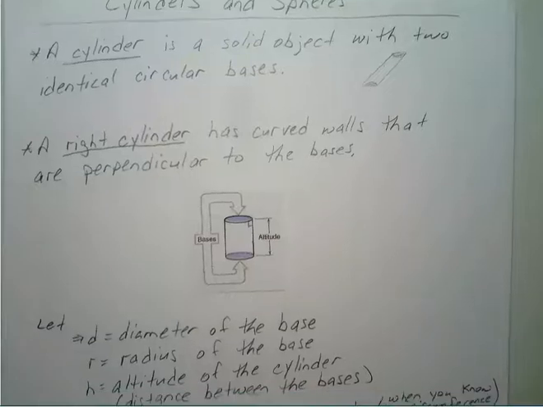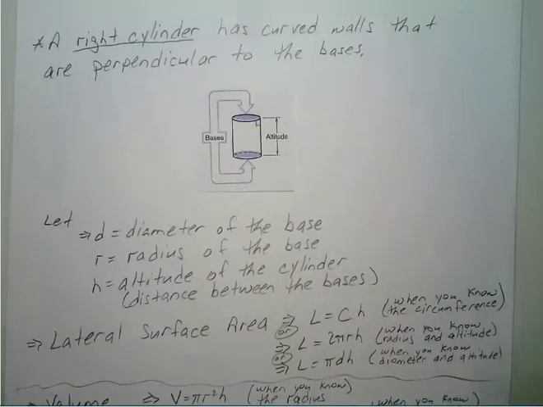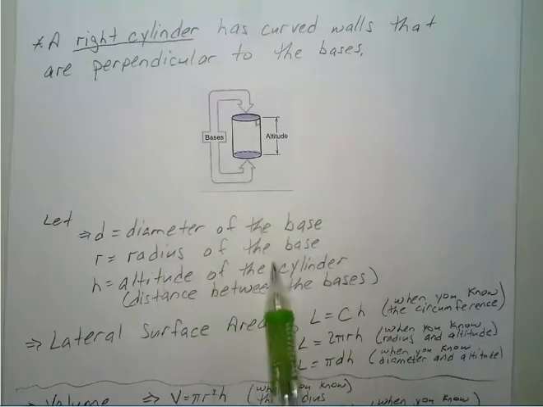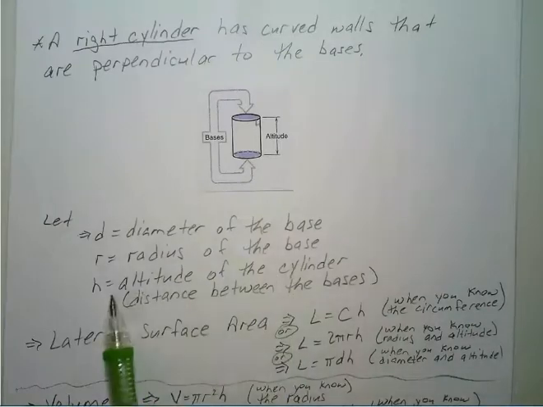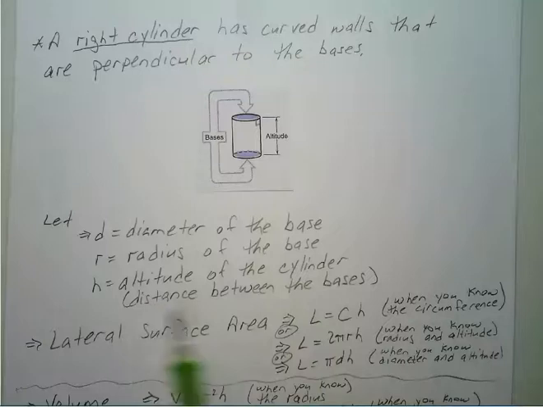Okay, so let's go up a little bit. What if we let D equal the diameter of the base, R equal the radius of the base, and H equal the altitude of the cylinder, which is just the distance between the bases.